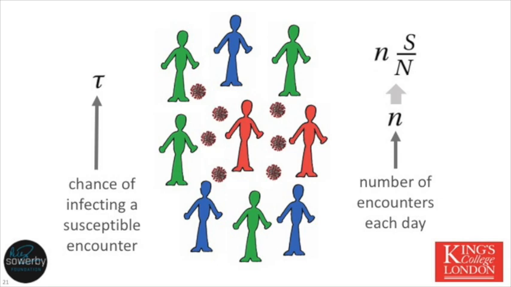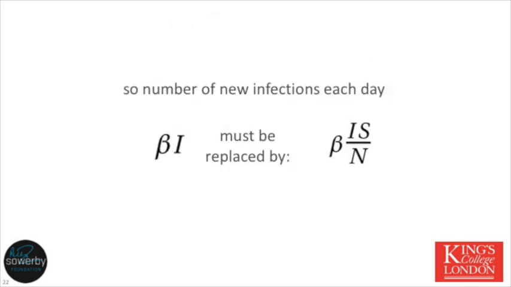That means, in what we have already said, we must replace little n by little n times S over big N, and so beta must be replaced by beta times S over big N. So, the daily number of new infections is beta IS over big N. The new infections all come from the susceptible proportion of the population.